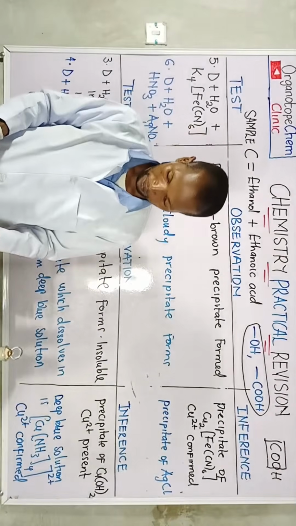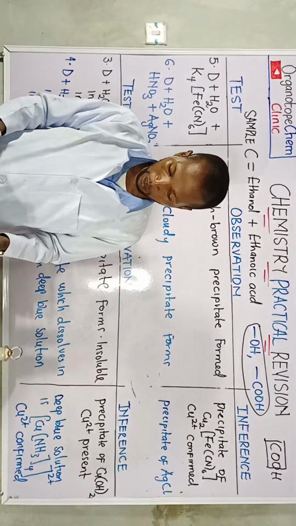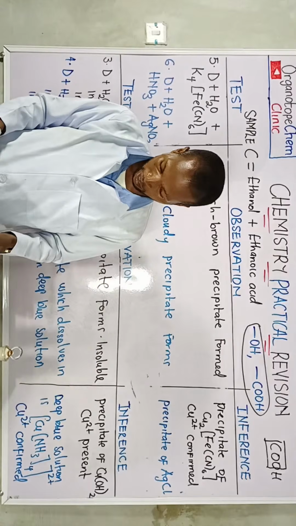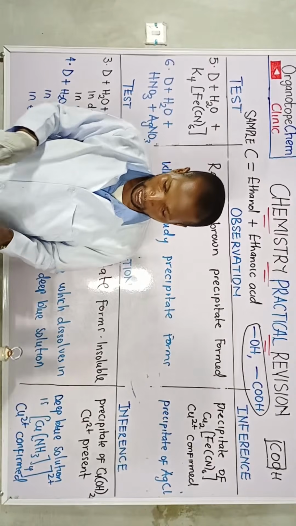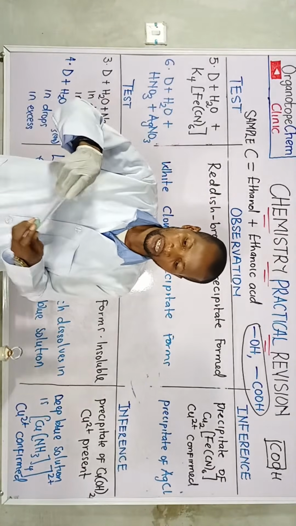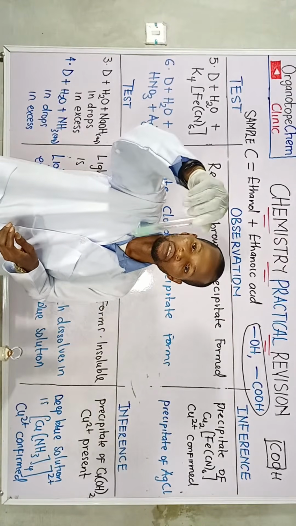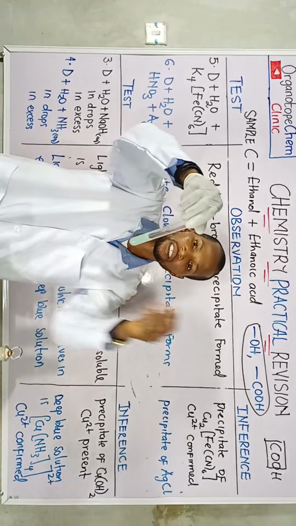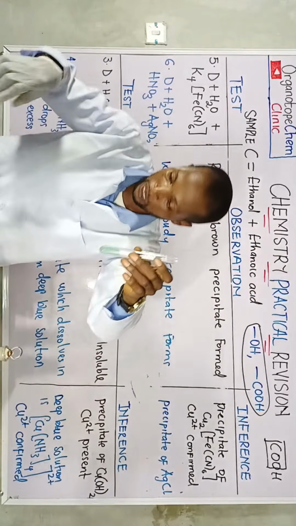Are we there? So let's add aqueous ammonia and let us see what we have. And you see the color is changing over time. It was because we added HCl, that's why we are seeing traces of the green. So you expect to see a white precipitate.